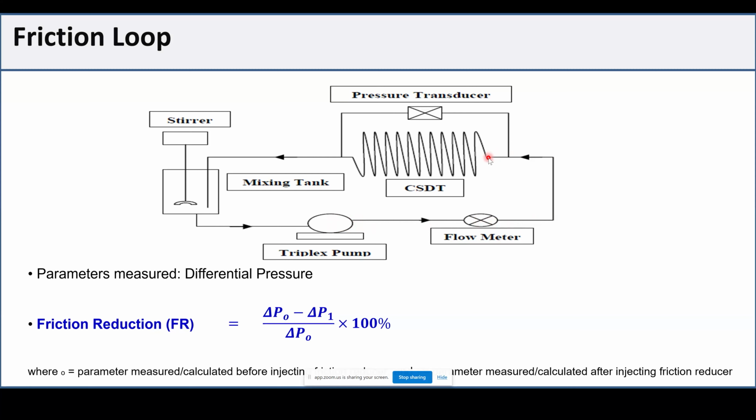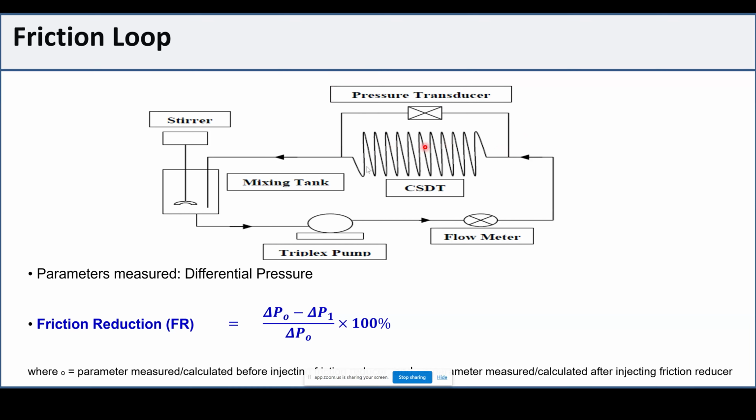Some companies will have it as a coil, 20, 30, 40 feet. Some companies will have it as a very long straight pipe, like 10, 20 feet in the wall. And at the inlet of this section and the outlet of this section, you will have some sort of a pressure transducer to measure how much pressure is going from point A, the inlet, to the exit. And the delta P here will represent the friction pressure.